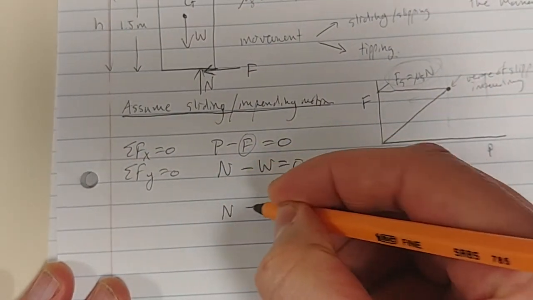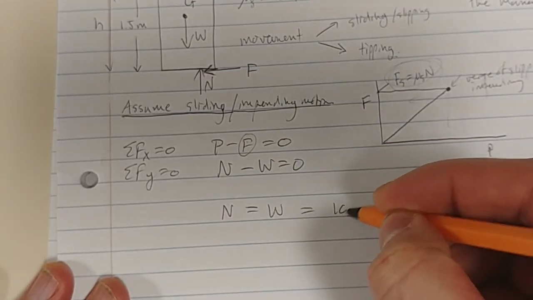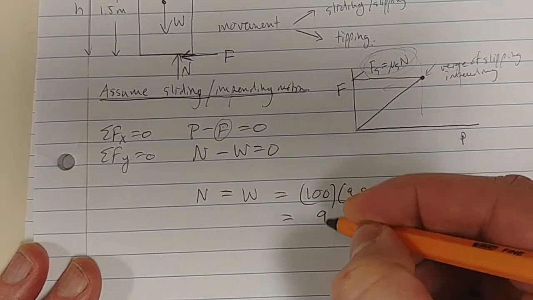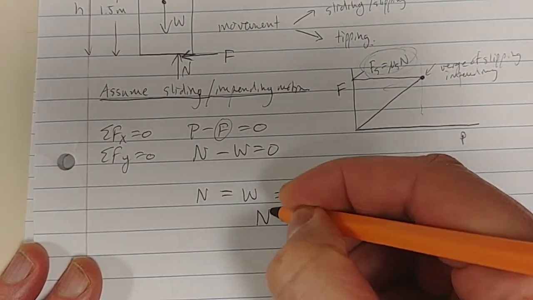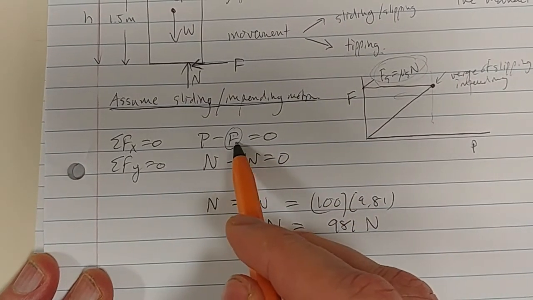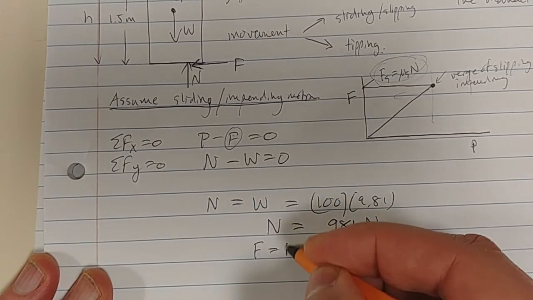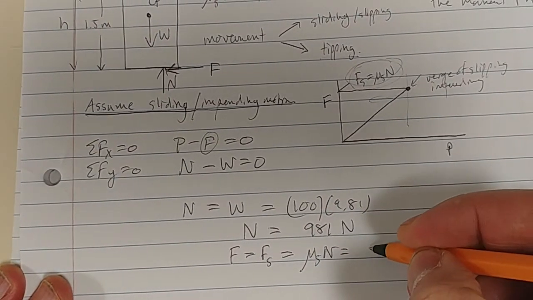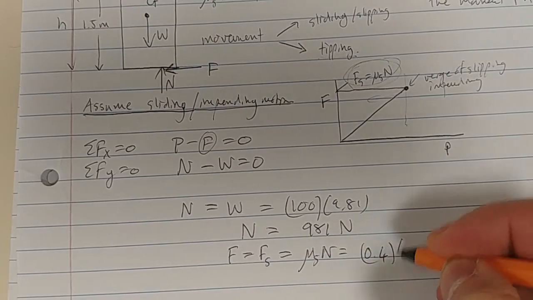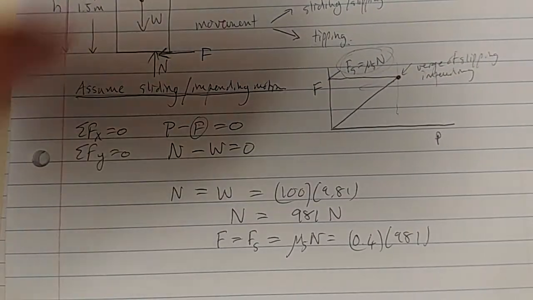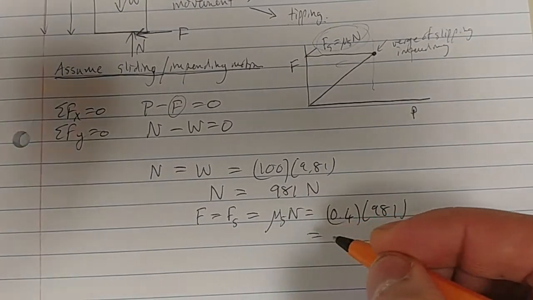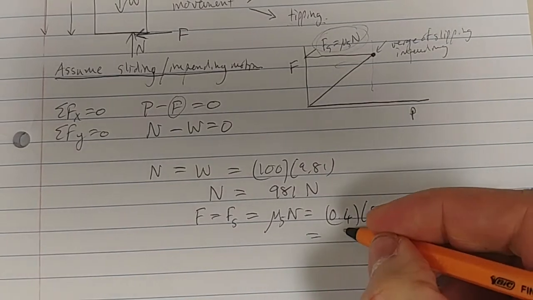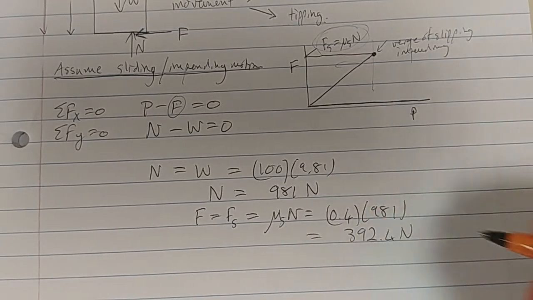Okay? So our assumption is that this has occurred first, and we solve. N is equal to the weight, which is 100 kilograms times 9.81. This was my mistake last time, which was 981 Newton. So that's N. So F is Fs, which is limiting static friction, which is mu_s N, which is 0.4 times 981, which is 392.4 Newton.